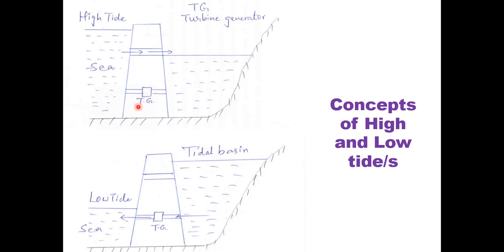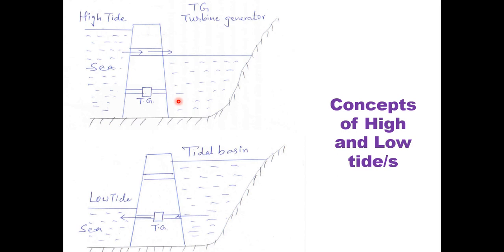Usually we consider a high head of water. So you are going to enclose some area for the construction of the dam, and the turbine generator set should be installed over here.